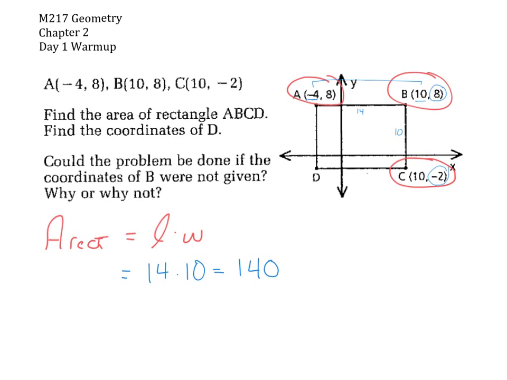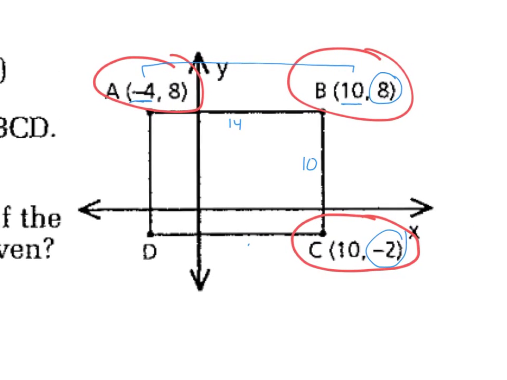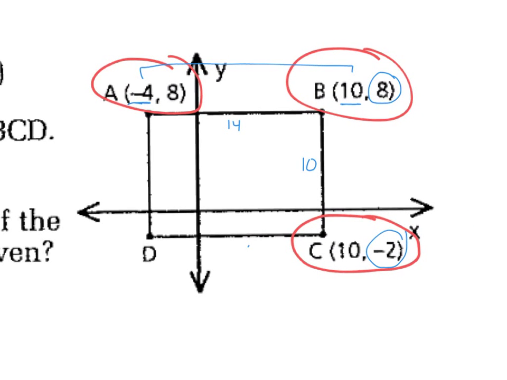So the next part is finding the coordinates of D. So because this is a rectangle, every vertice forms a right angle. And if there's a right angle at every vertice, then our segments in the coordinate grid are vertical and horizontal.